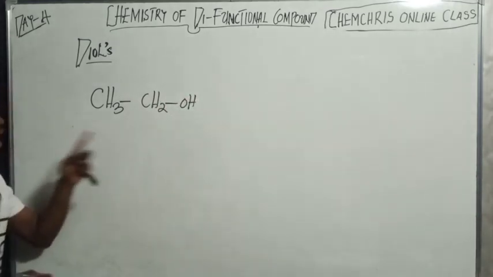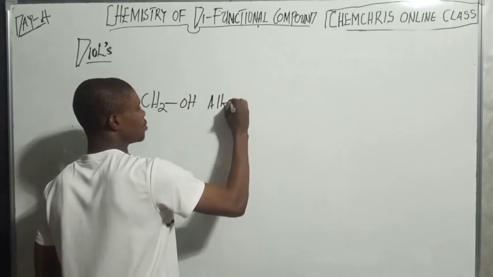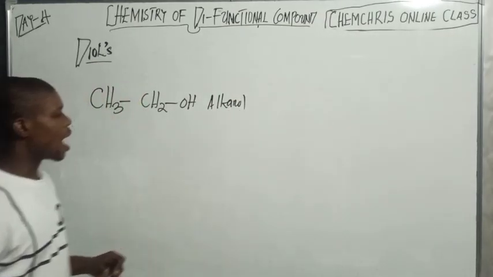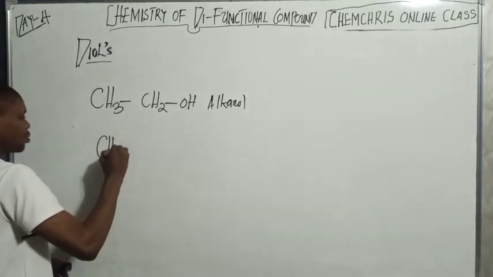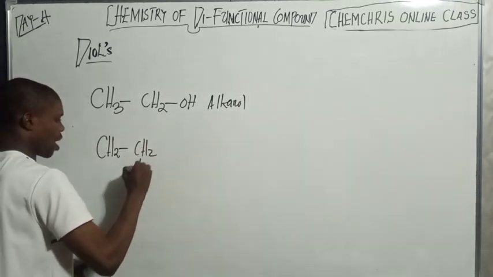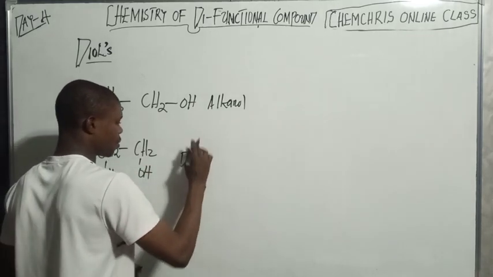This is called an alkanol. But when we now have two OH groups, CH2OH, CH2OH, here we have OH, here we have OH, it is called a diol.